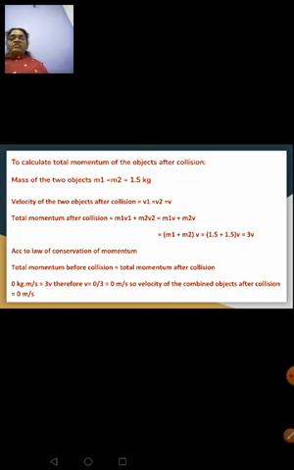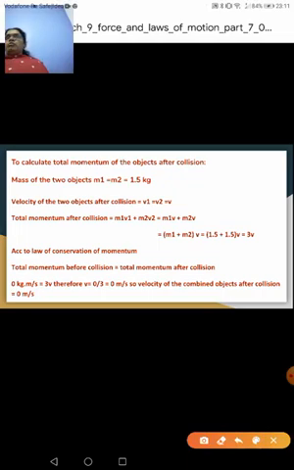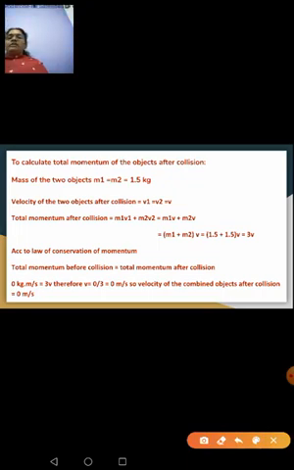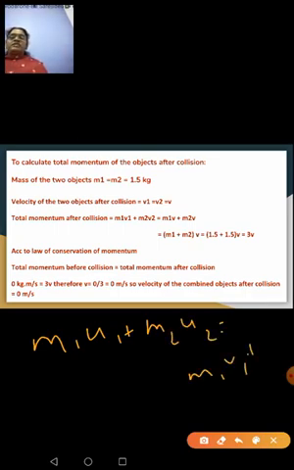Now coming to the law of conservation of momentum, what does it tell you? Momentum before collision is equal to momentum after collision, right? So what is the total momentum that we calculated? That is m1u1 plus m2u2 is equal to m1v1 plus m2v2, right?